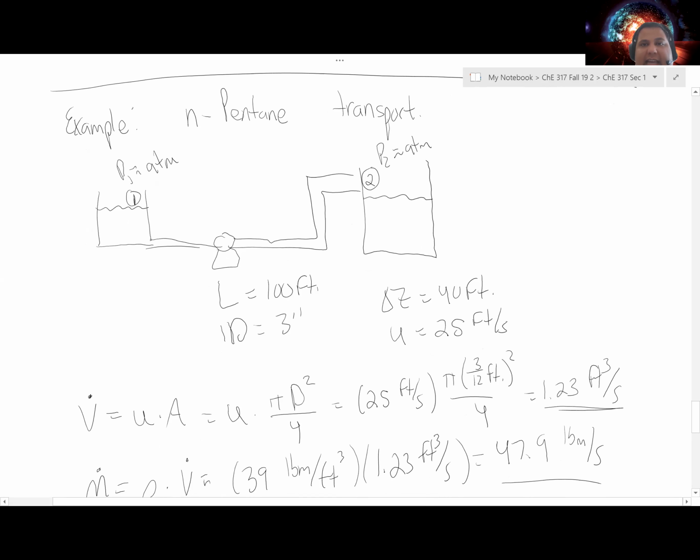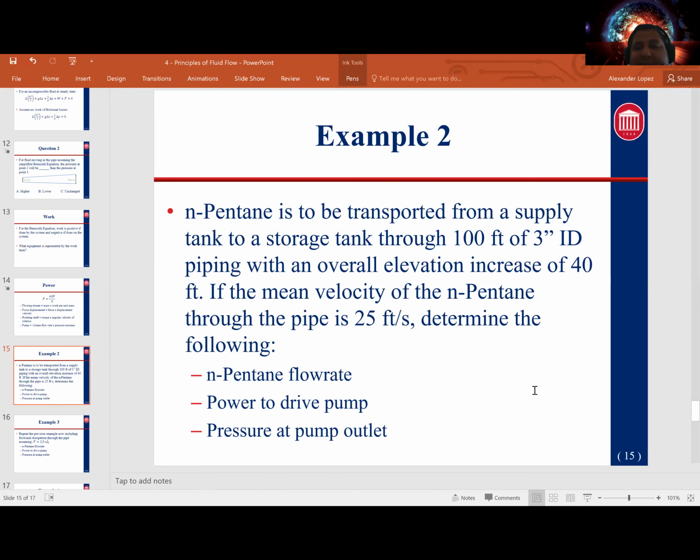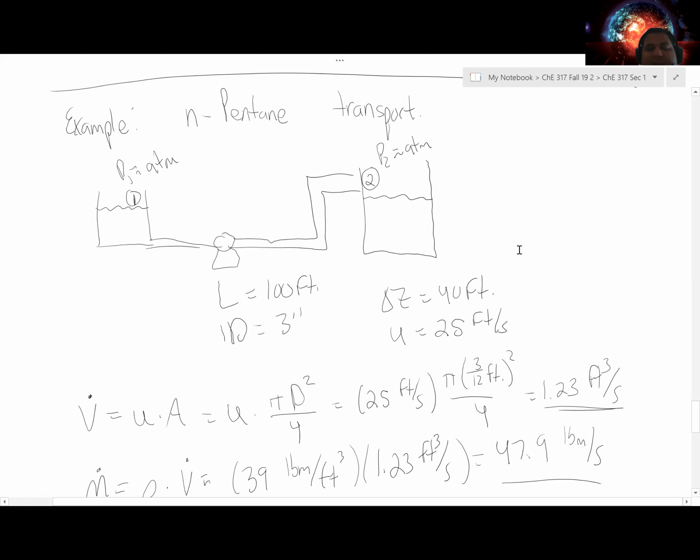Primarily, if we're looking at this last thing it asks us to identify, the pressure at the pump outlet, which means now we're going to have to pick a third point and do another Bernoulli, either looking at 1 and 3 or 3 and 2.